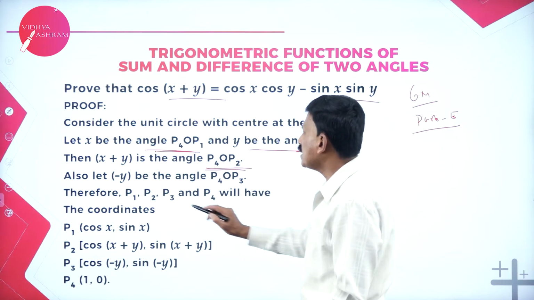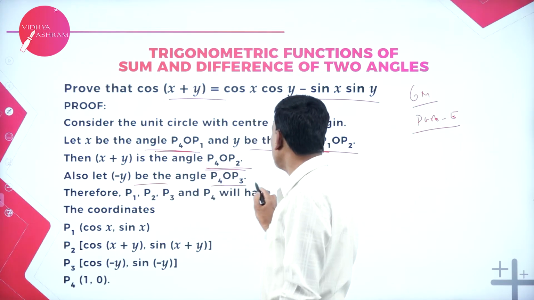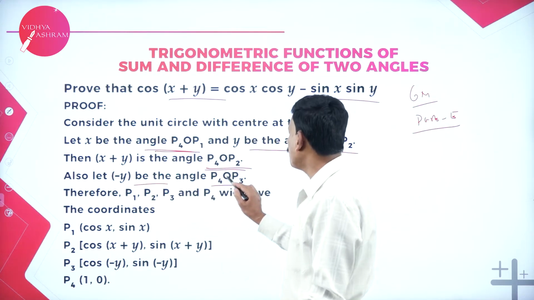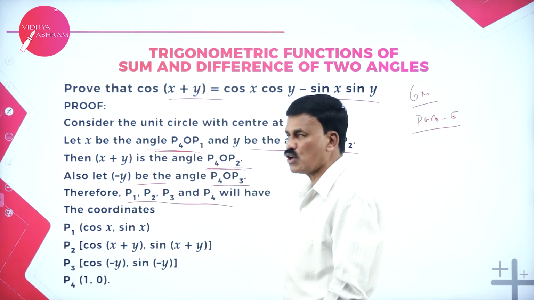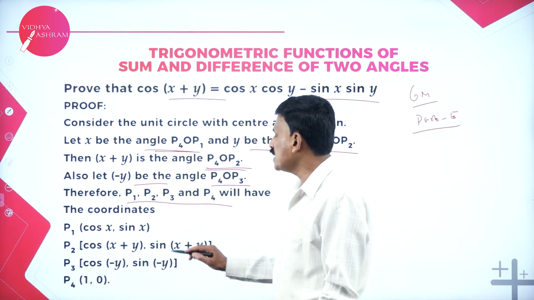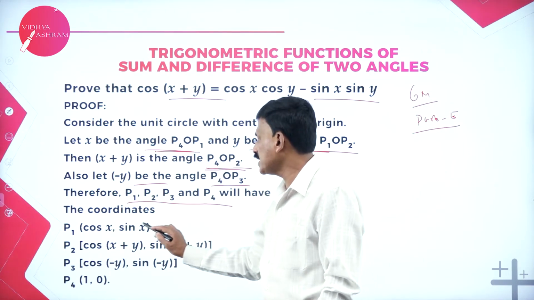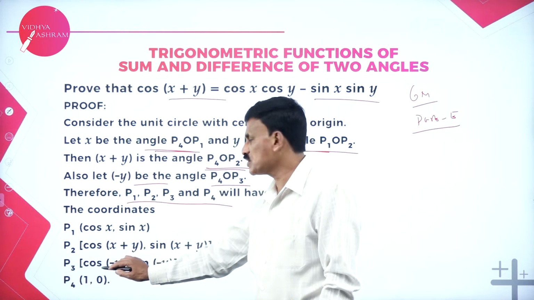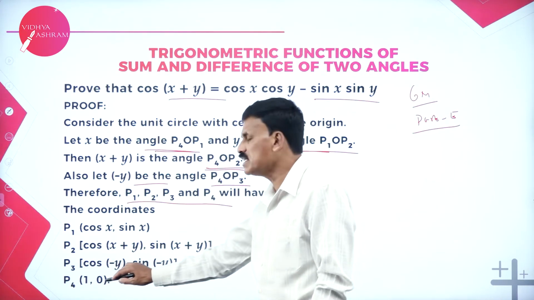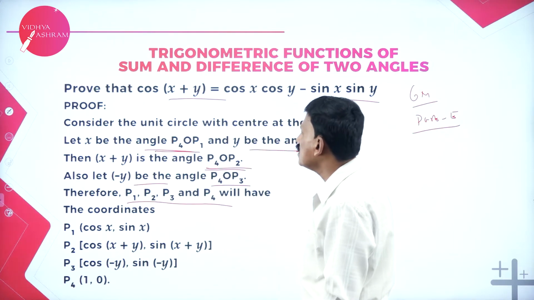Therefore P1, P2, P3 and P4 will have the coordinates: P1 is cos x, sin x; P2 is cos of x plus y, sin of x plus y; P3 is cos of minus y, sin of minus y; and P4 is 1 comma 0.